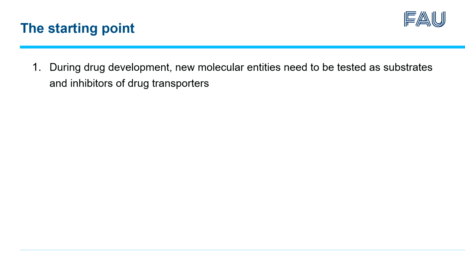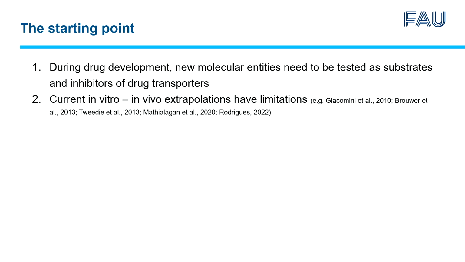And as also Kathy pointed out this morning, in vitro extrapolations have still considerable limitations. So we end up with too many false predictions, and that leads to a huge number of DDI studies which are conducted in the process of drug development, which turned out to be negative.